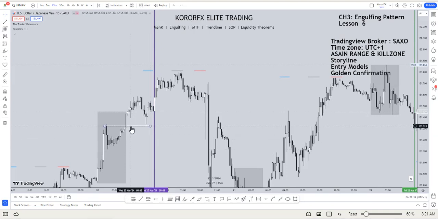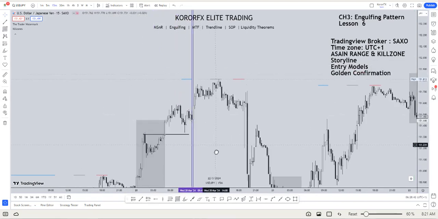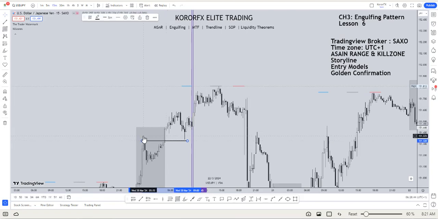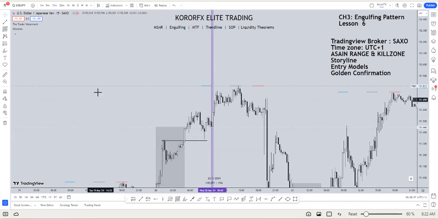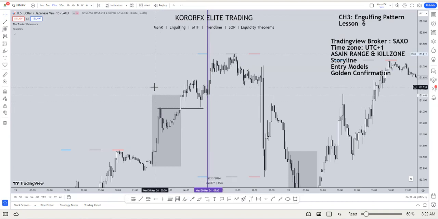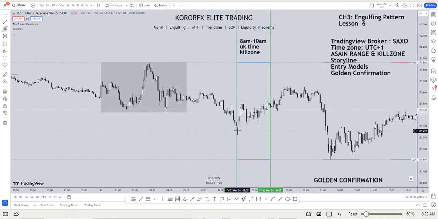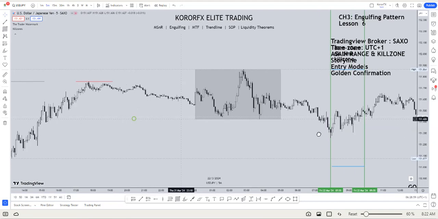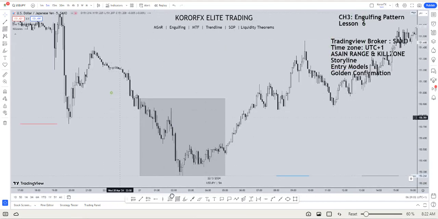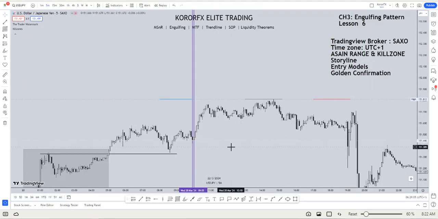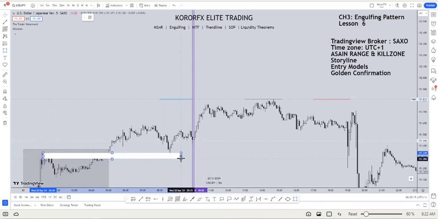So price is back in this range, and the Asian session high is also here. Yeah, this is the Asian session broken zone. This broken zone is where we are expecting the price to come back.